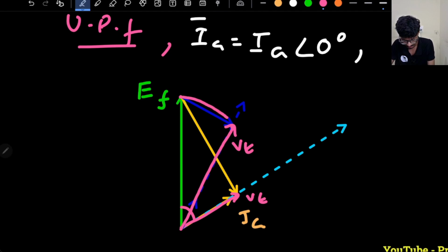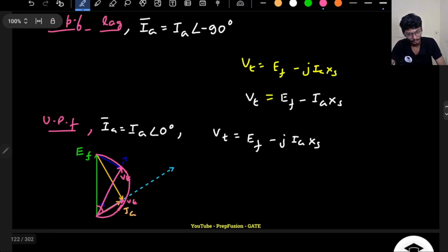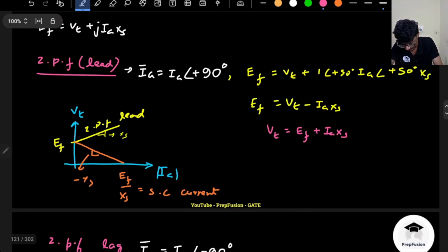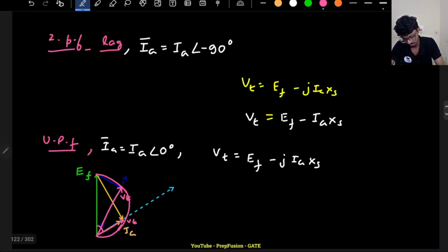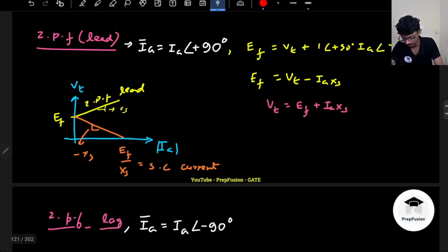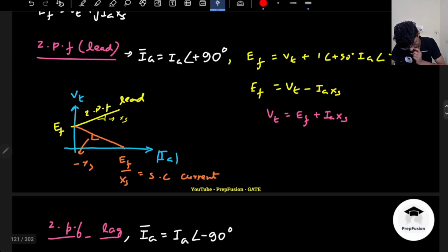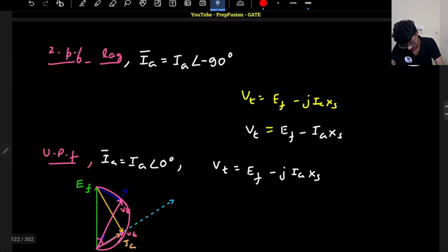If you keep on plotting your VT with respect to IA, it will be just like a semicircle. Although this is not perfect here, it will be a semicircle. So in the graph, for a unity power factor load, when IA is 0, VT is EF only. This time it will not touch over here.